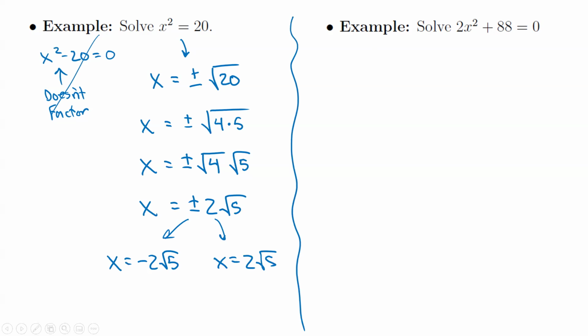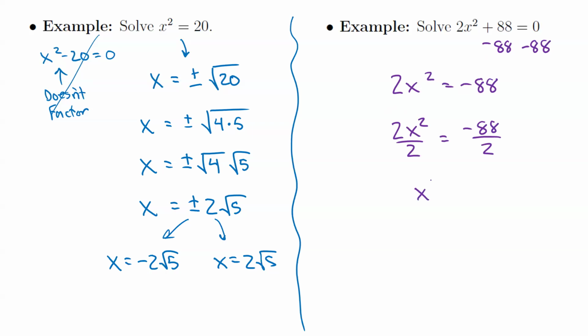Now, in an example like the one on the right here, right now the square is not by itself. So I would, of course, want to start this by subtracting 88 from both sides. And then I still have this 2 out here, so I also want to go ahead and divide by 2 on both sides.